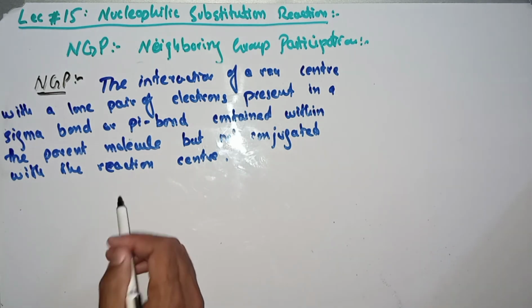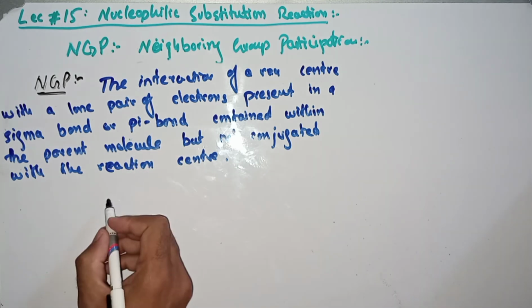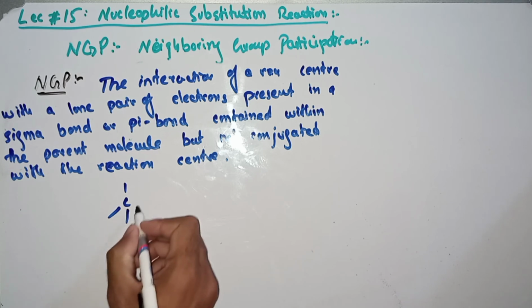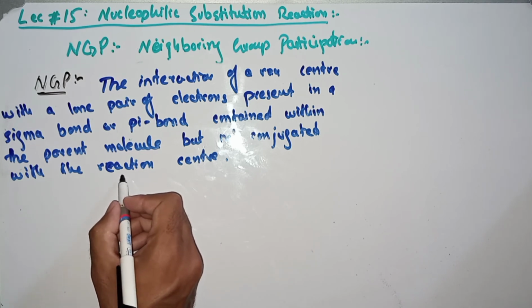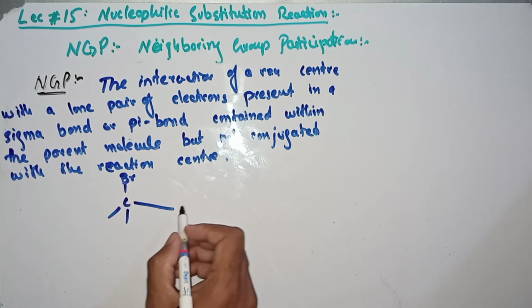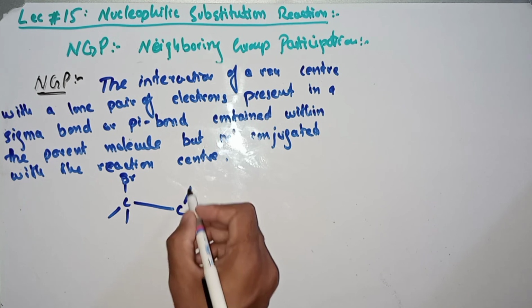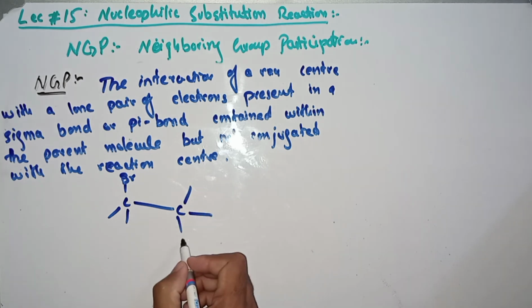What does this mean? It means that when there are some groups attached to a compound, as I told you before, let's suppose one heavy group is attached here, that is a bromine group. Here is also a leaving group attached to another carbon.